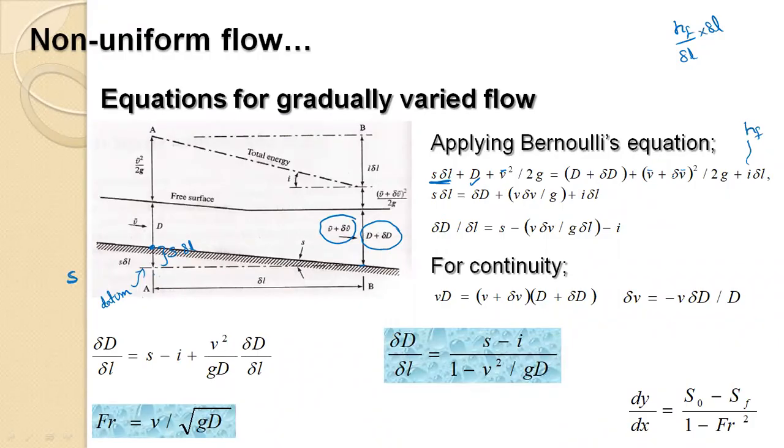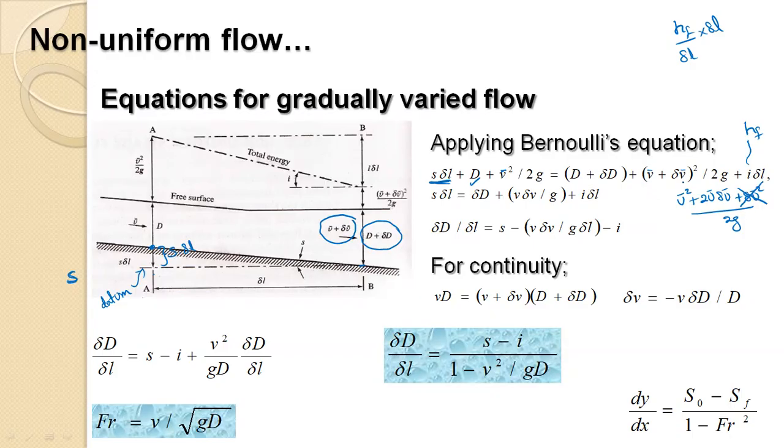When I expand this term, I get V bar squared plus 2V bar delta V bar plus delta V bar squared, all divided by 2G. If you look at the magnitudes of these terms, delta V is a small quantity, and the square of delta V would be a very small quantity, so I'm going to ignore these higher order terms.